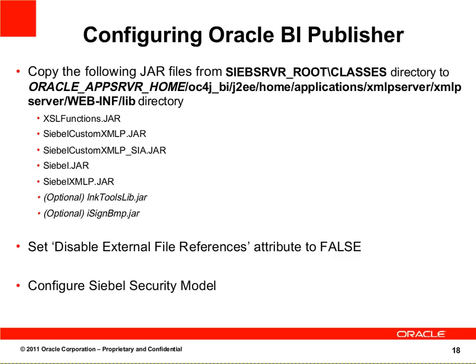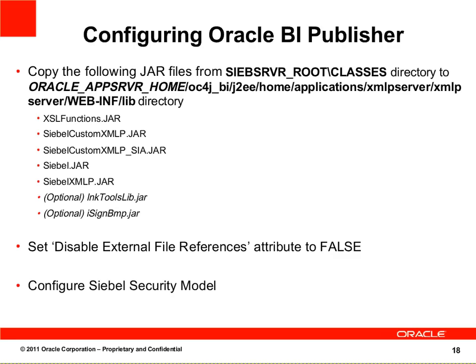Now the last two, as it says, are optional. These files are actually used in the case where you are using a very famous functionality. If anyone is from the pharma industry, it's called the signature capture feature, where you are able to capture signatures into Siebel.